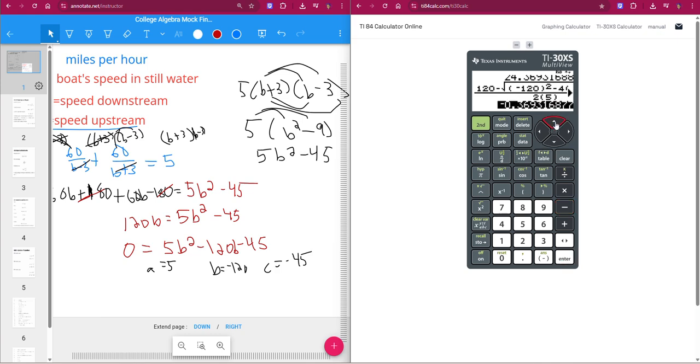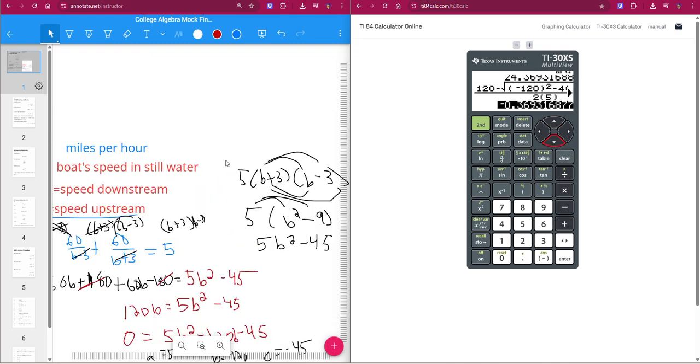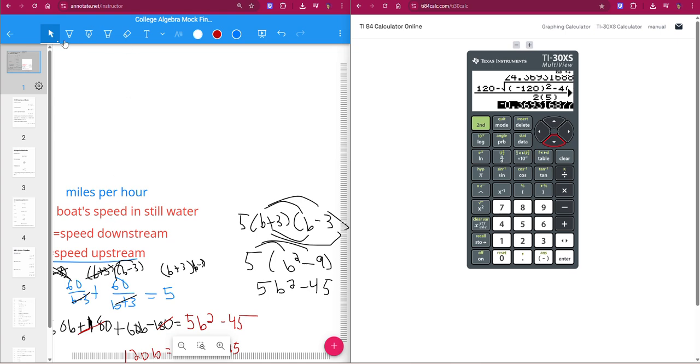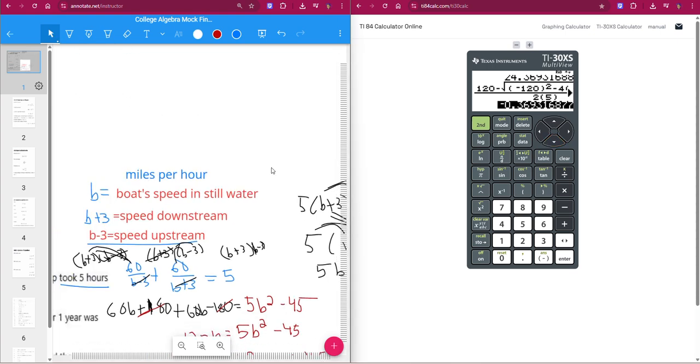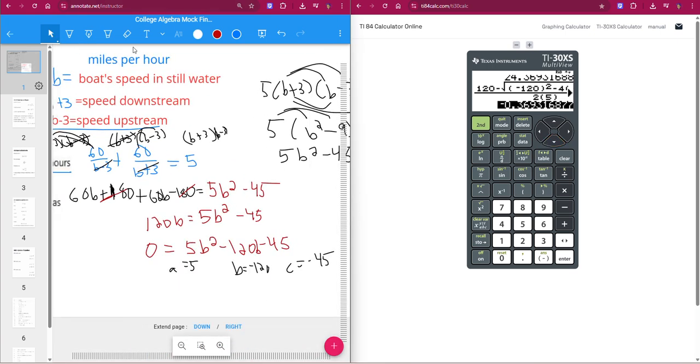So we've got B is either 24.369 blah blah blah or some negative number. Remember, B is the boat speed in still water, so negative speed doesn't make sense. So I would say the boat speed B is about 24. It'll tell you what to round to on the test. We'll do 2 decimal places for now. 24.37 miles per hour.